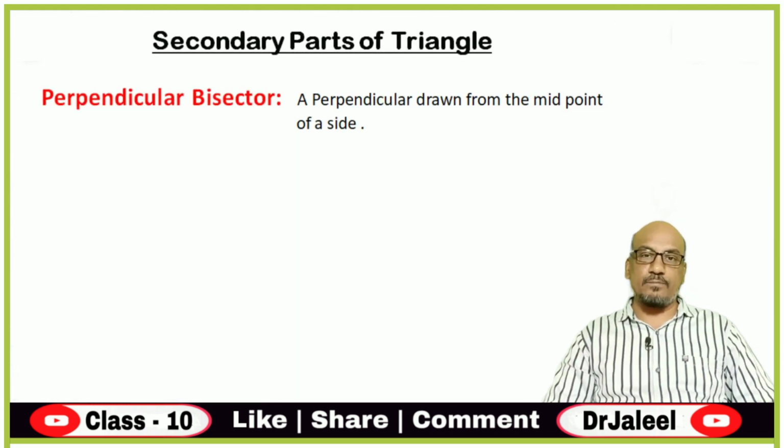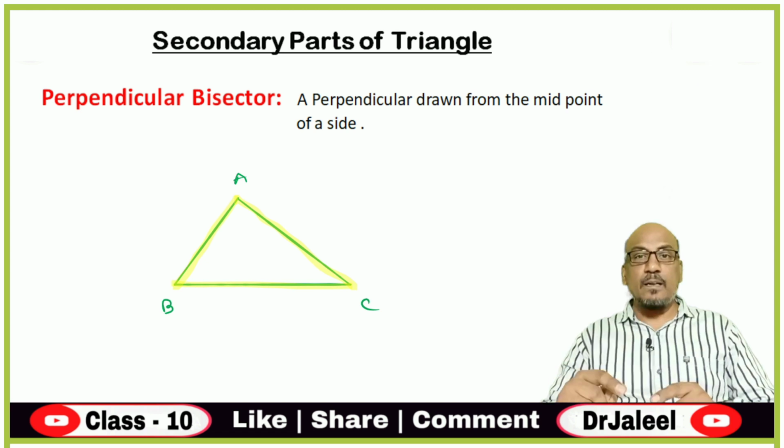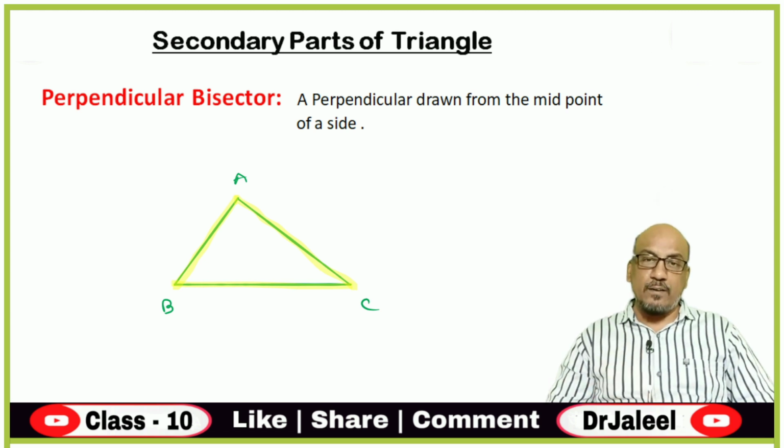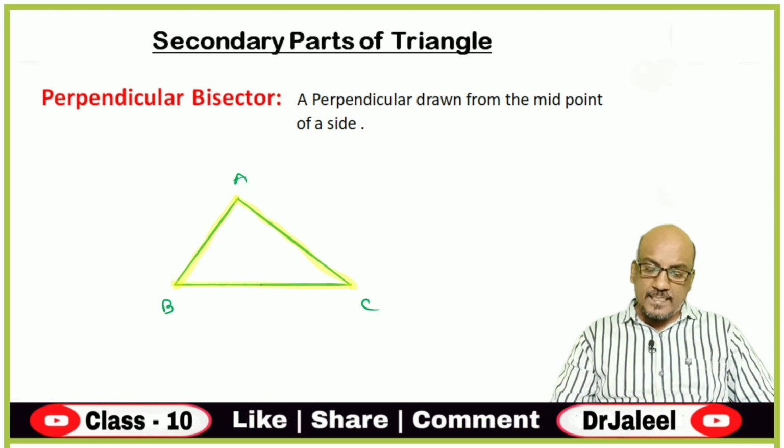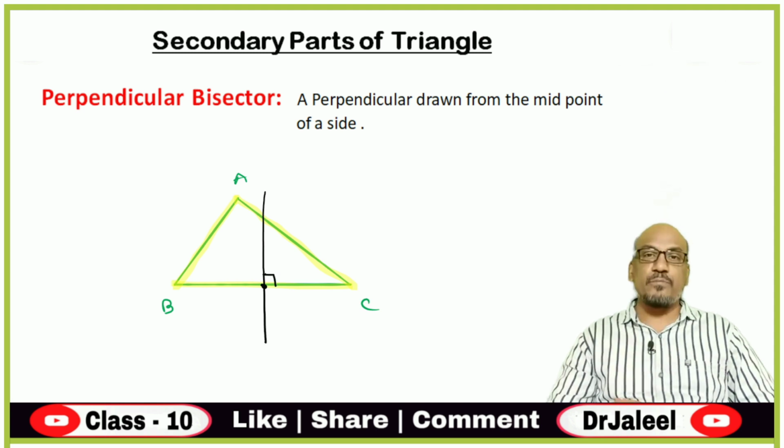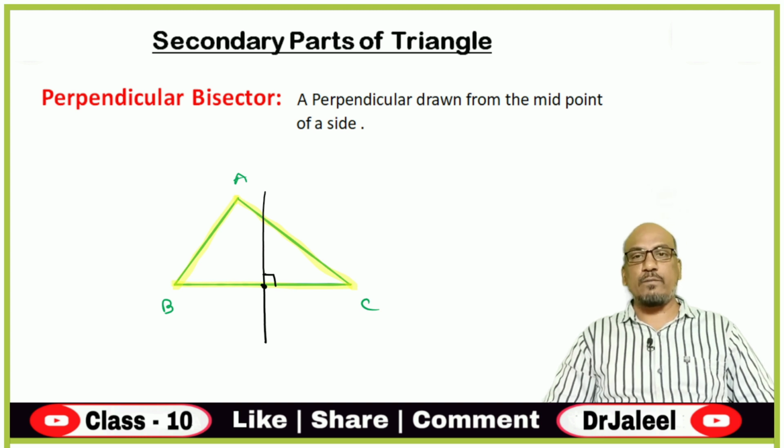So let's go for the next secondary part, children. Perpendicular bisector. Perpendicular bisector, I mean it should be perpendicular and it should also divide in two equal parts. So if I take the midpoint of BC, I can draw a line which is perpendicular to BC and dividing the line into two equal parts.